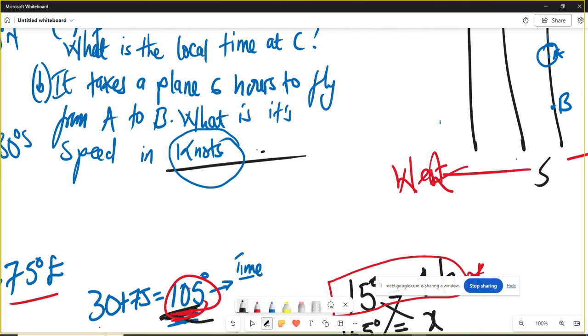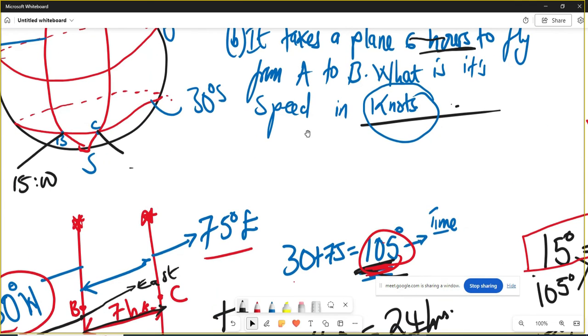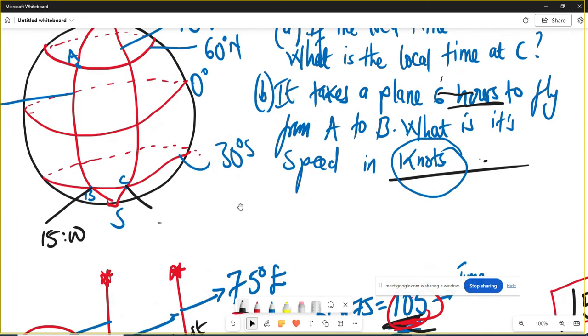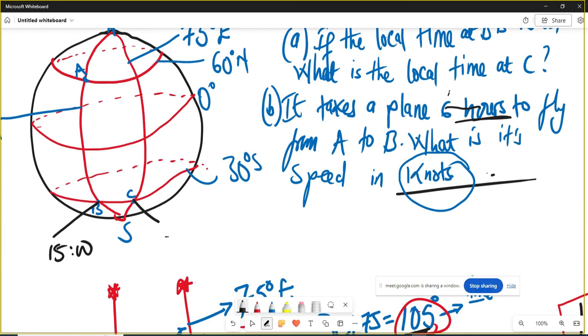So now I'll go back to the question. Remember the question is saying it takes a plane 6 hours to fly from A to B. What is its speed in knots? Okay. Let's go to the diagram. Where is A in this diagram? So let's first locate where A is. Very important.